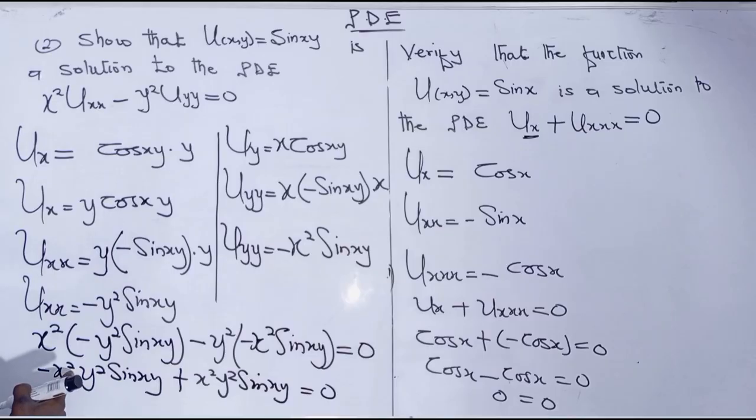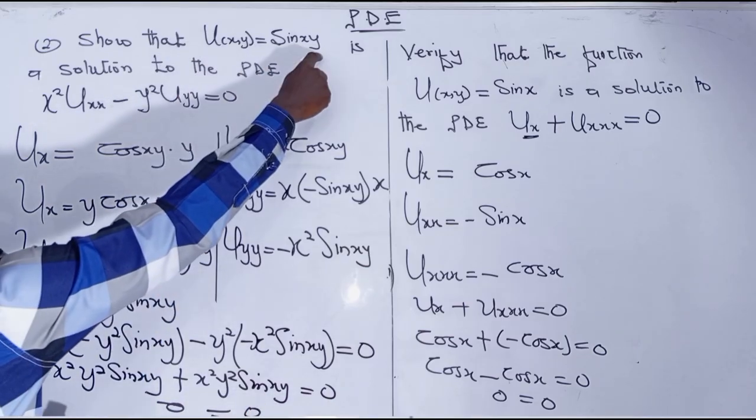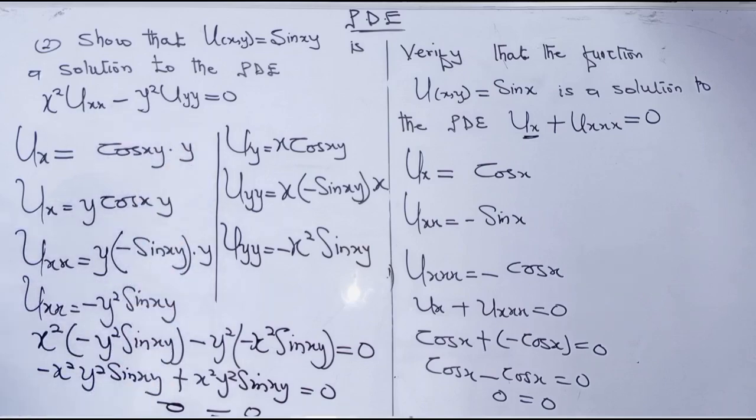So you can see that this and that will give us 0, and that is equal to what? 0. So you can see that what is on the left hand side is equal to what is on the right hand side. So you can therefore say that the function sine xy is a solution to this PDE. Very, very easy and simple.